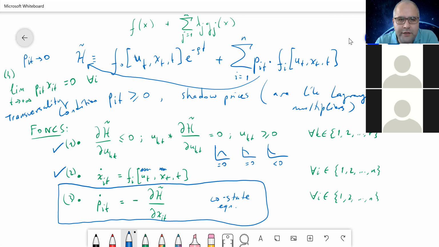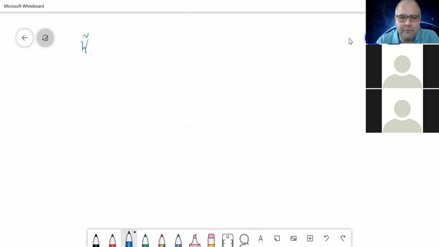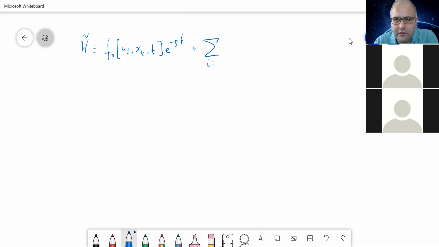Now, let me open a new page. Let me write the Hamiltonian once again. The Hamiltonian is defined in this way. There is this objective function, dependent on my control, state, and in general time. There's the discounting term. Plus, I have the constraints, p_i(t), f_i(u(t), x(t), t).